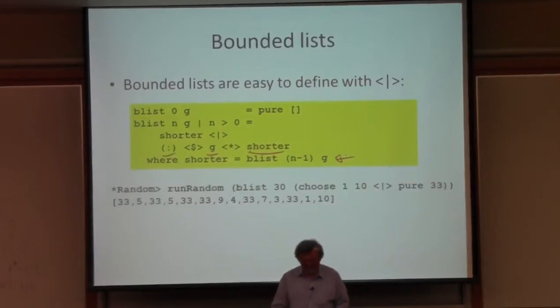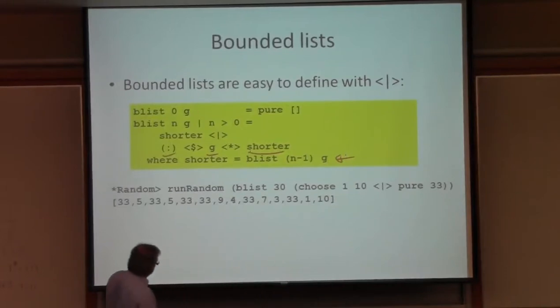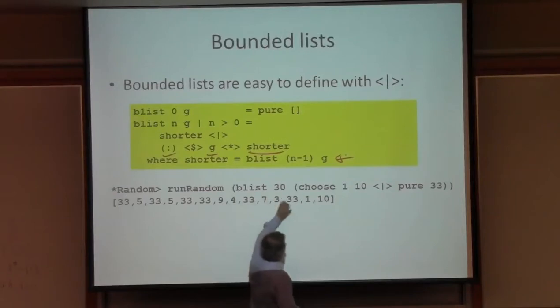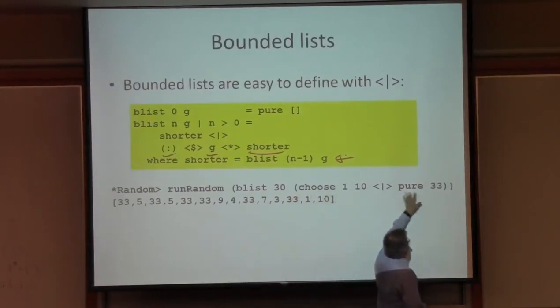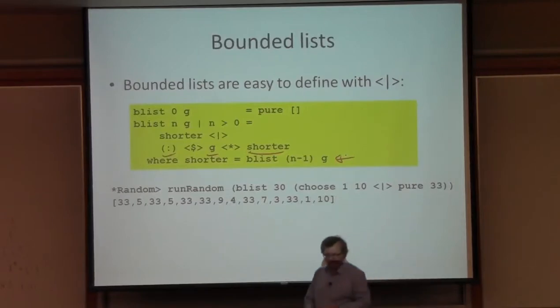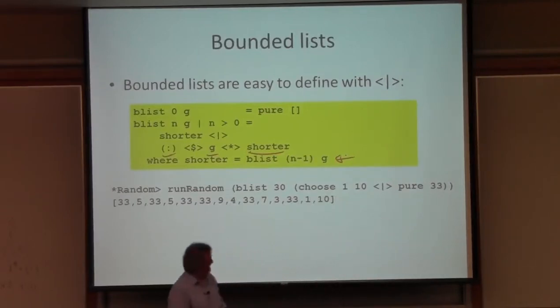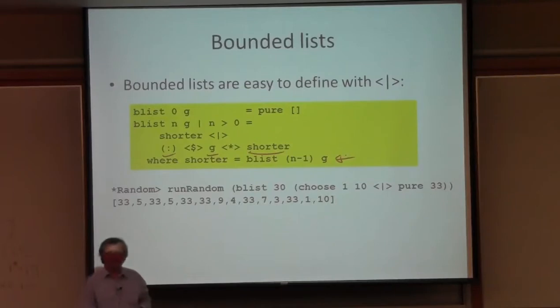And here's an example. If I run that, again, I'm not going to show you run random, it's easy. Let me make a generator with a bound of 30 elements where each element chooses between 1 and 10 or generates a pure 33. I ran that code, and there is the list that was generated. Cool, huh? Any observations?